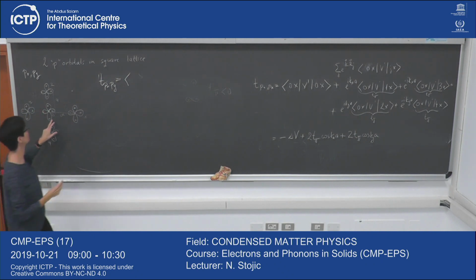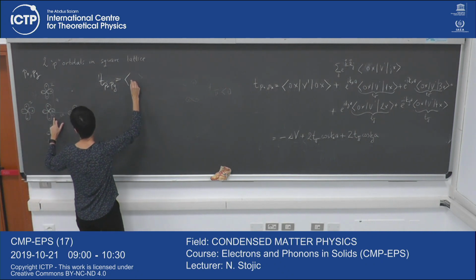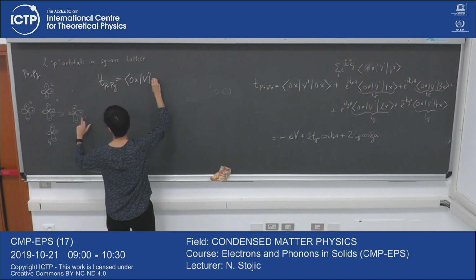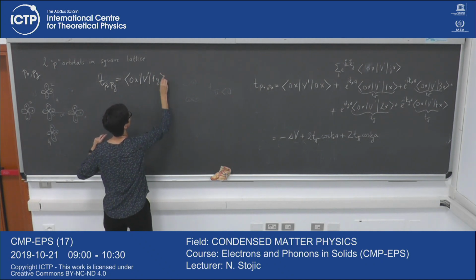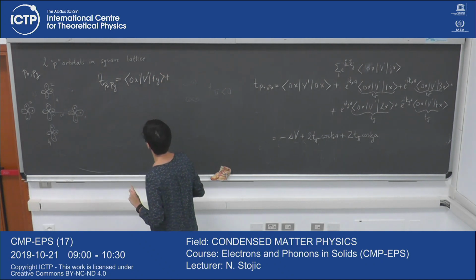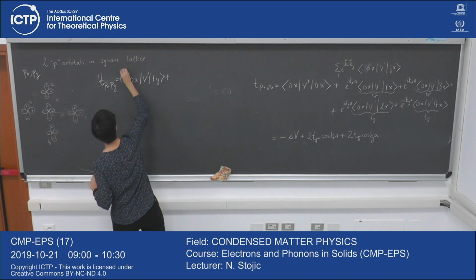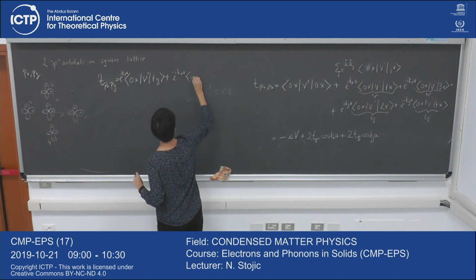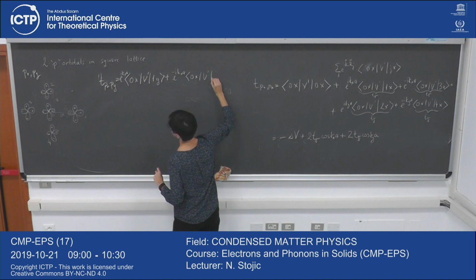It will give 0, so 0x, 3 prime, and 1y, plus there is an ikxa plus I minus kxa, 0x, 3 prime, 3y.